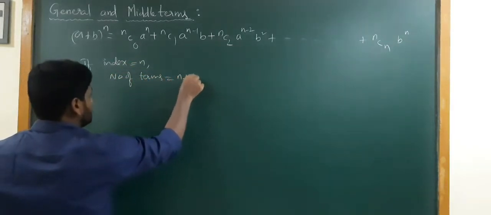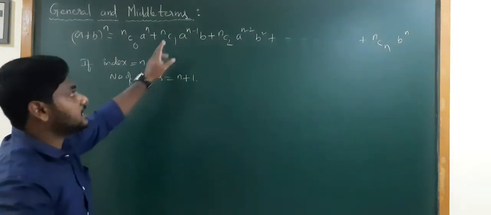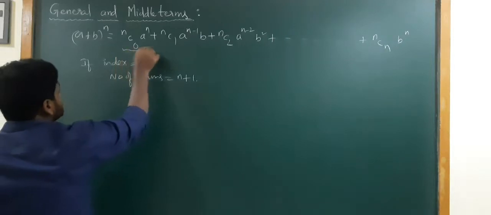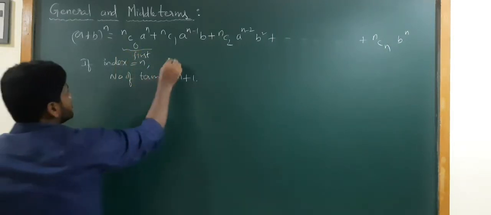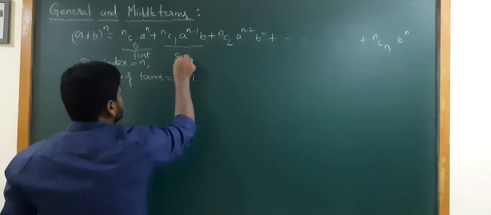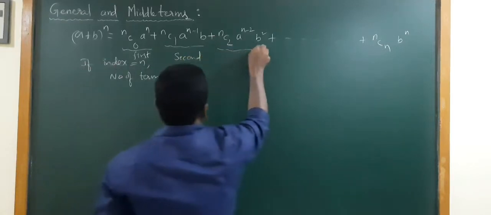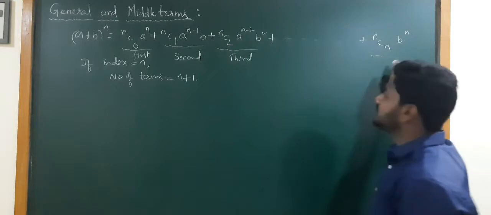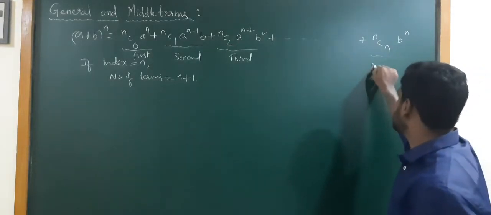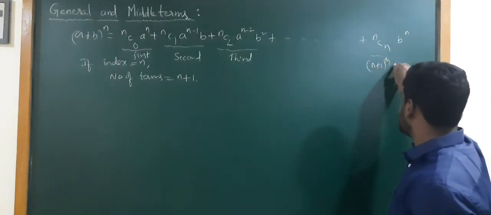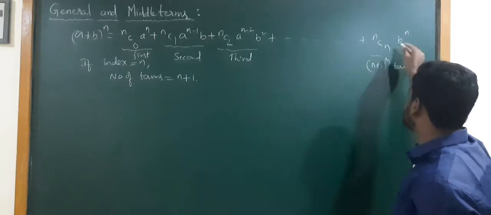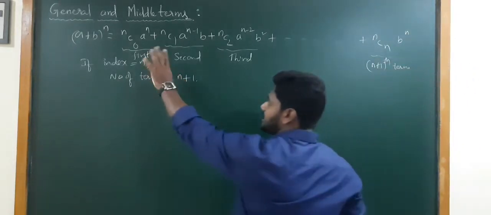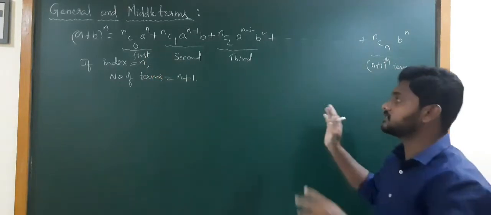And also if you observe this expansion, this one we consider as the first term, this is the second term, this is the third term, like that. This is which term? nth term or n plus 1th? This is the n plus 1th term, not nth. Generally we consider this as the nth term, but this is not n, this is n plus 1. Why? Because as the index is n, the number of terms is n plus 1.